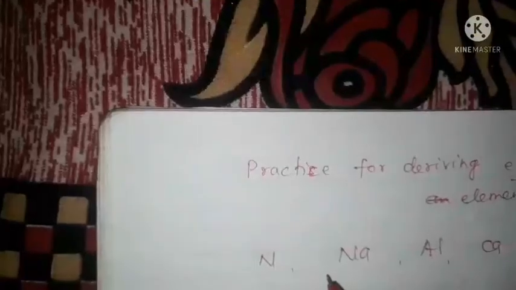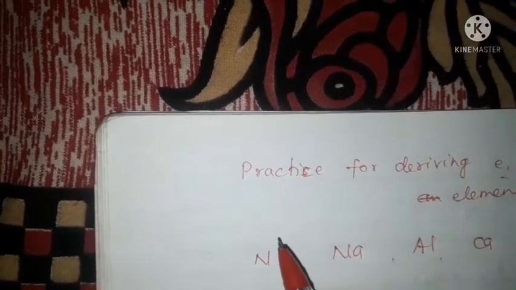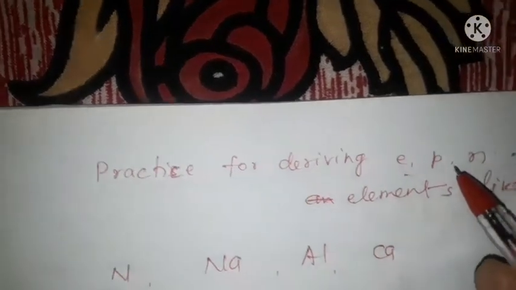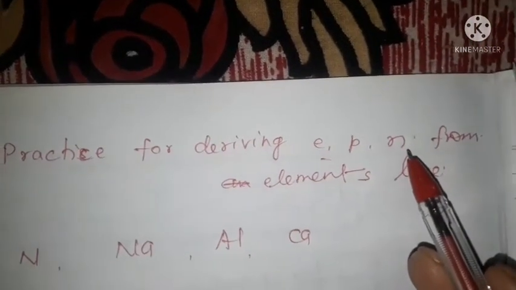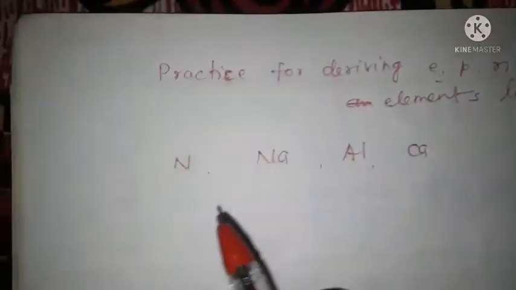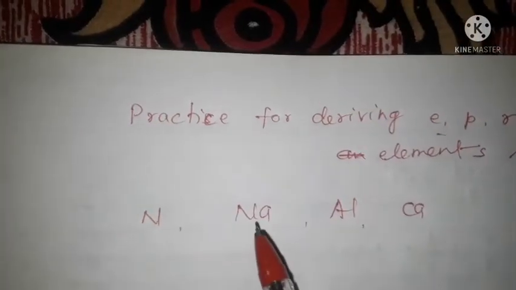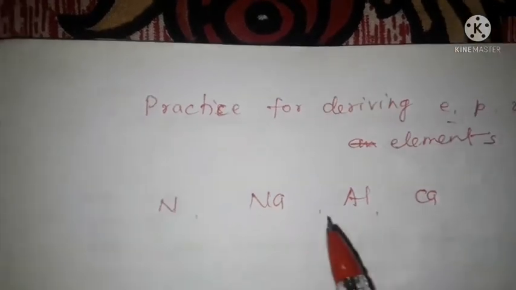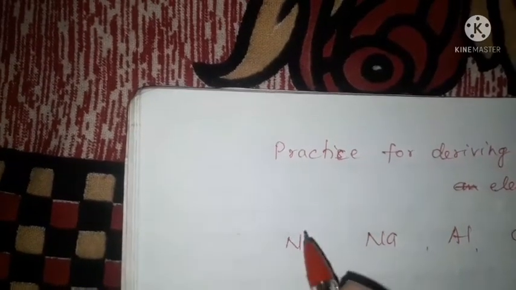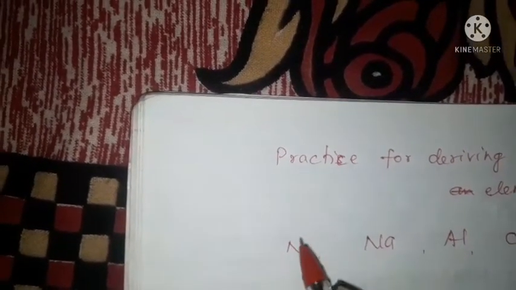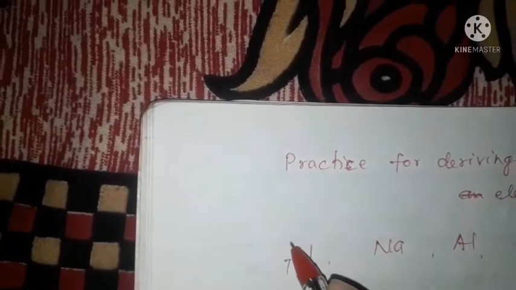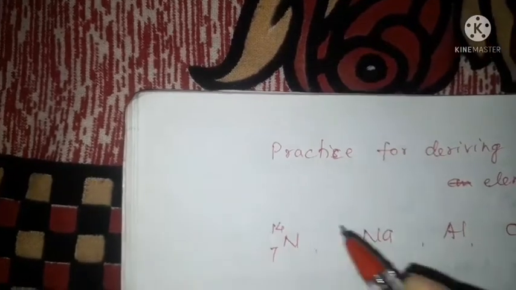Now some examples for practice, deriving the number of electrons, protons, and neutrons from elements like nitrogen, sodium, aluminum and calcium. First of all we have to write Z and A. Z of nitrogen is 7 and A of nitrogen is 14.